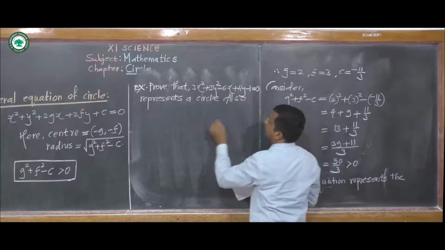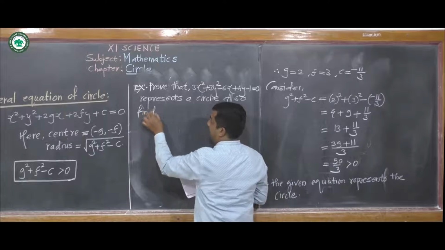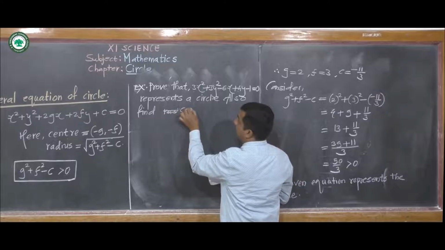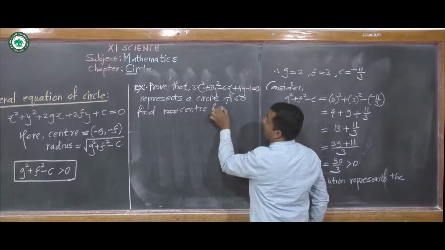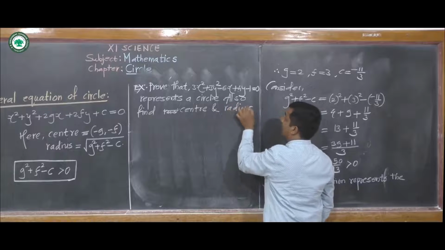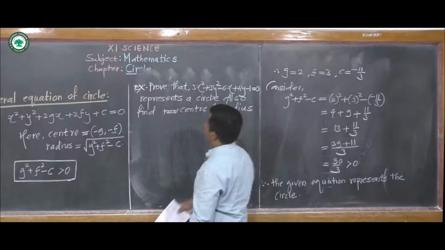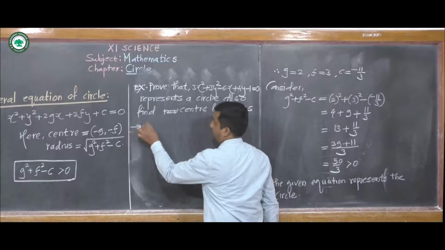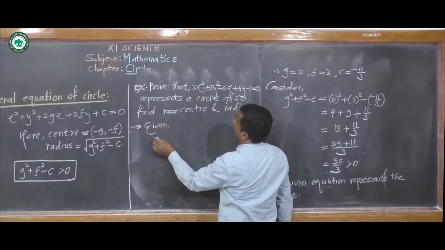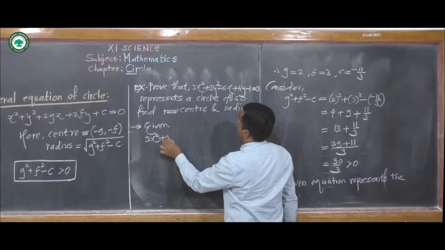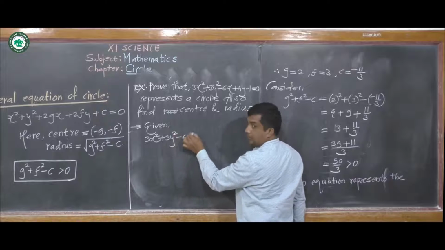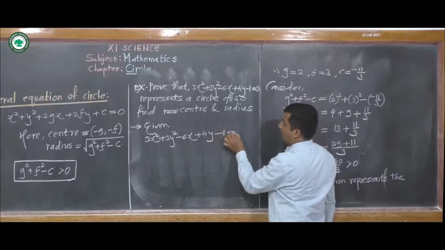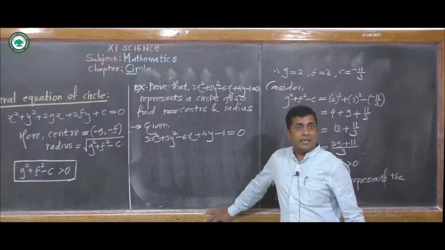Also find the center and radius. Again we consider the given equation: 3x square plus 3y square minus 6x plus 4y minus 1 is equal to 0.